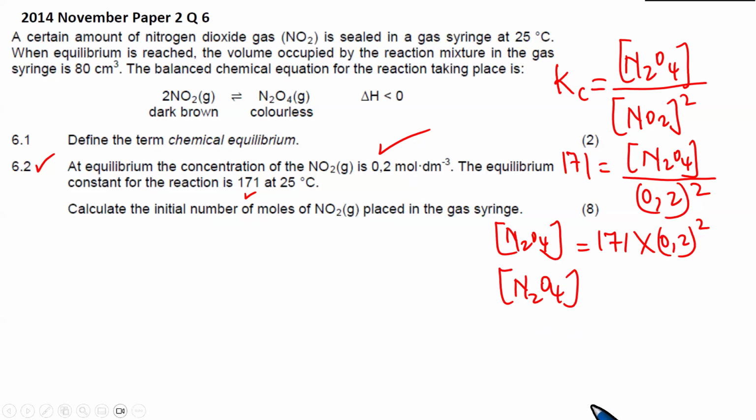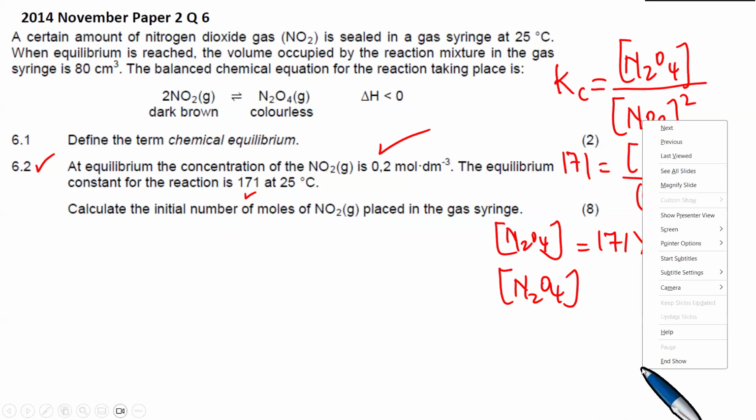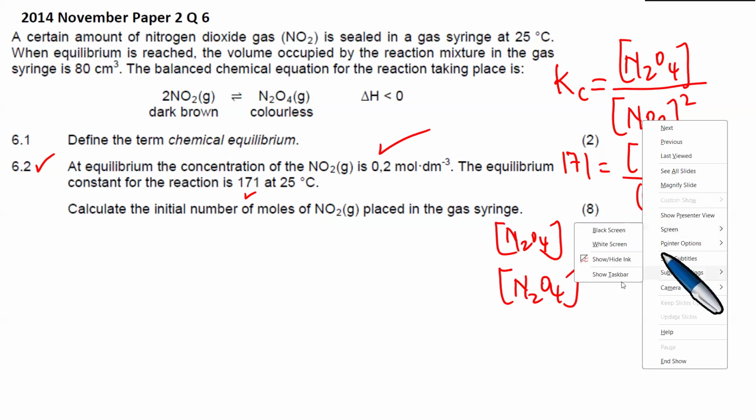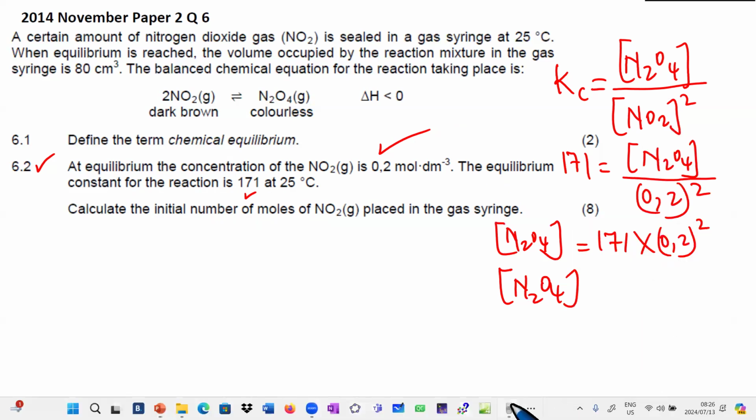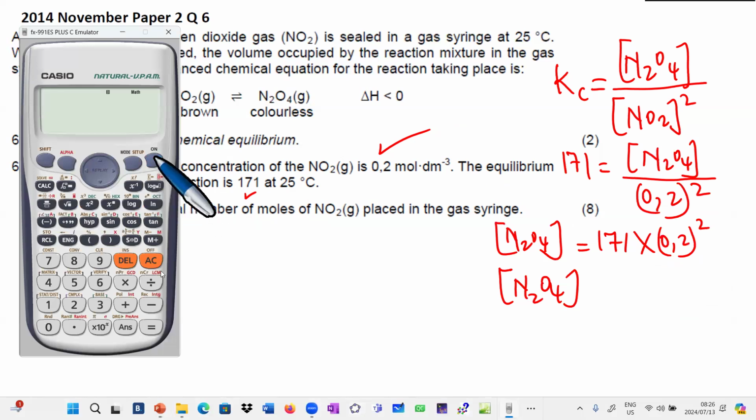Okay, so we have our calculator ready. We're going to launch our calculator from the task bar. We have 171, and we multiply that by 0.2, all squared.